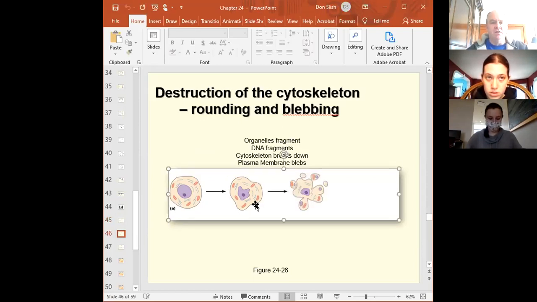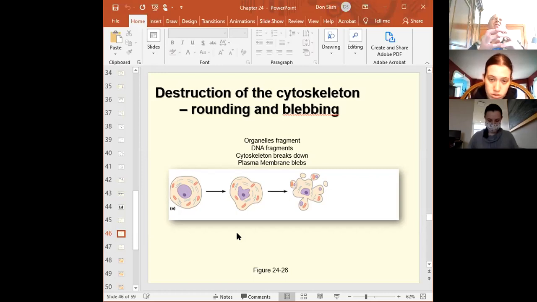The DNA starts to fragment into 200 base pair pieces. If you're in developmental biology, this week we talked about DNA packaging, how you've got a nucleosome, which is 2, 4, 6, 8 histones with 200 base pairs wrapped around it.